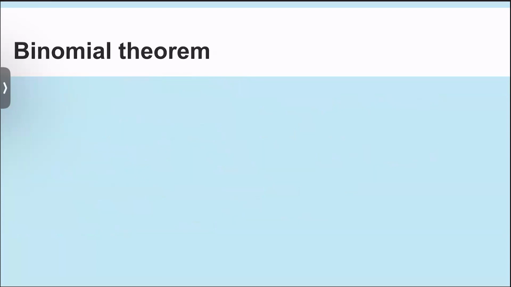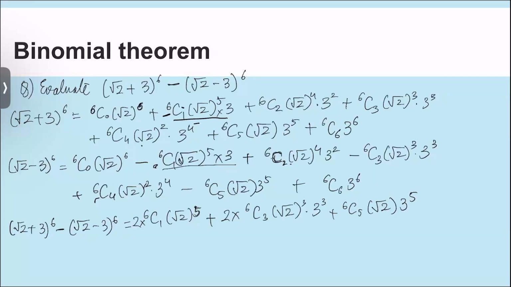So quickly just calculate what these coefficients are. 6C1 will be 6. 6C3 will be 6 factorial over 3 factorial times (6 minus 3) factorial. So this would be 6 into 5 into 4 into 3 factorial, and you expand the other 3 factorial, so 3, 3.